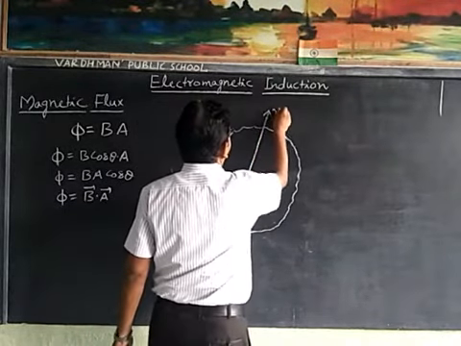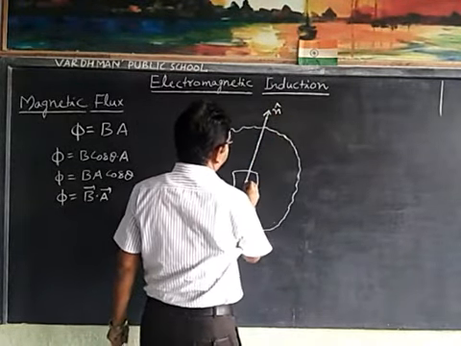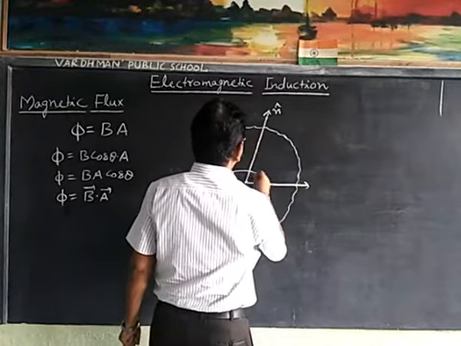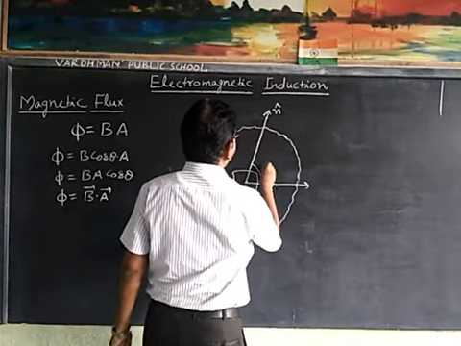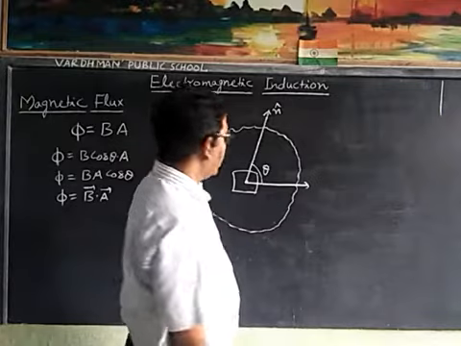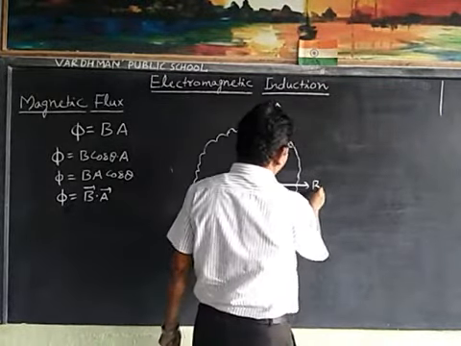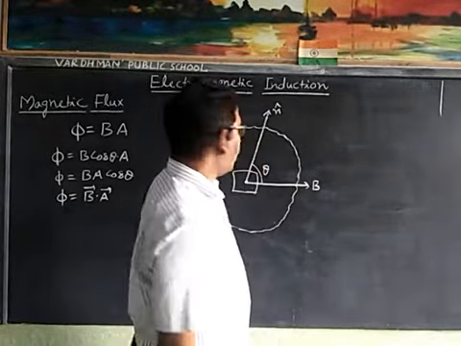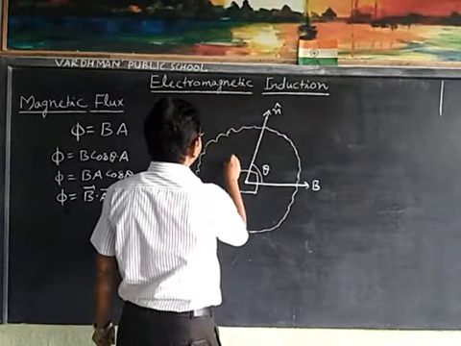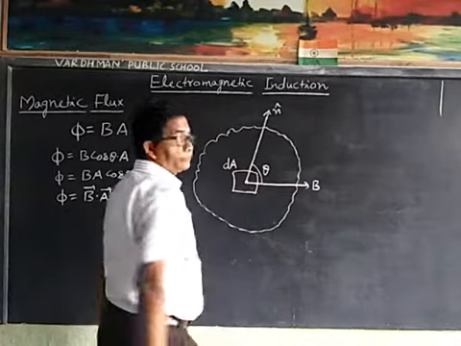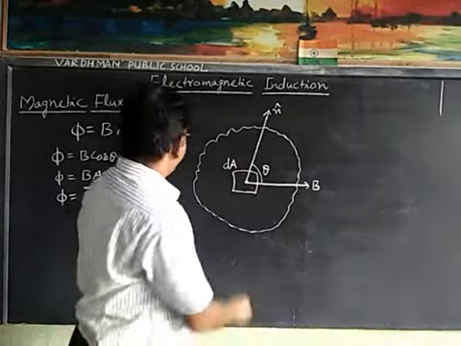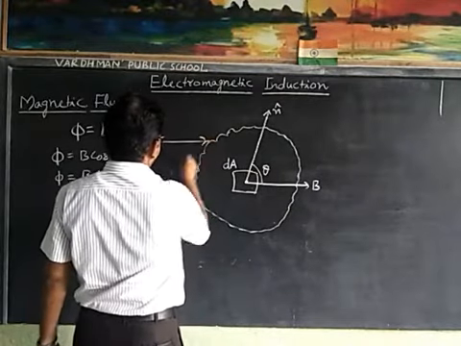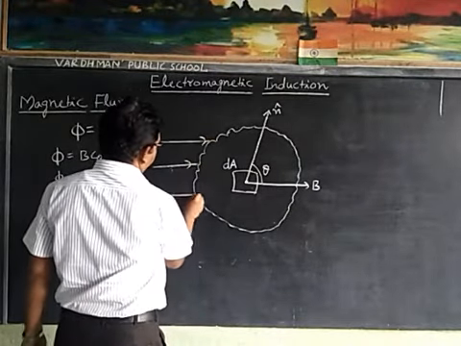This is the normal drawn to the area element, and this is the angle theta, and this is the magnetic field B and the small area element dA. These are the magnetic field lines.